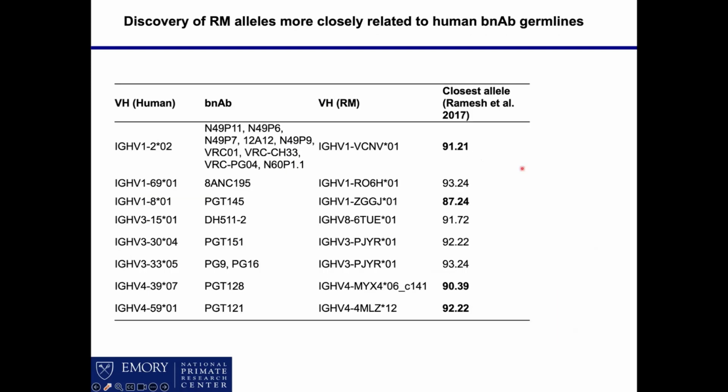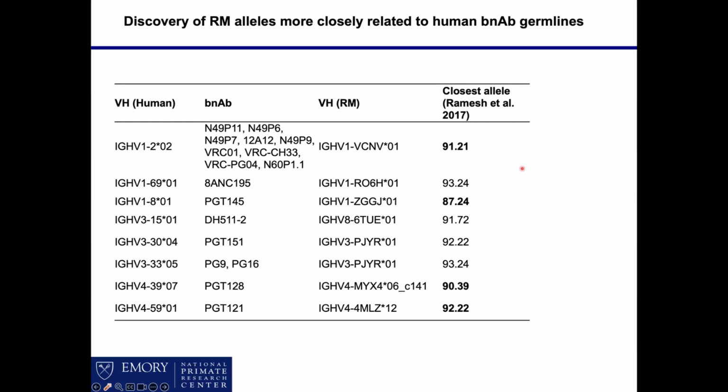All right. Lastly, one of the interesting things is, okay, when we've generated this large data set, can we ask now how close are these Indian origin rhesus macaque IG alleles to known human V genes that are biomedically important for these broadly neutralizing antibodies? I'm just showing a subset of the data here.